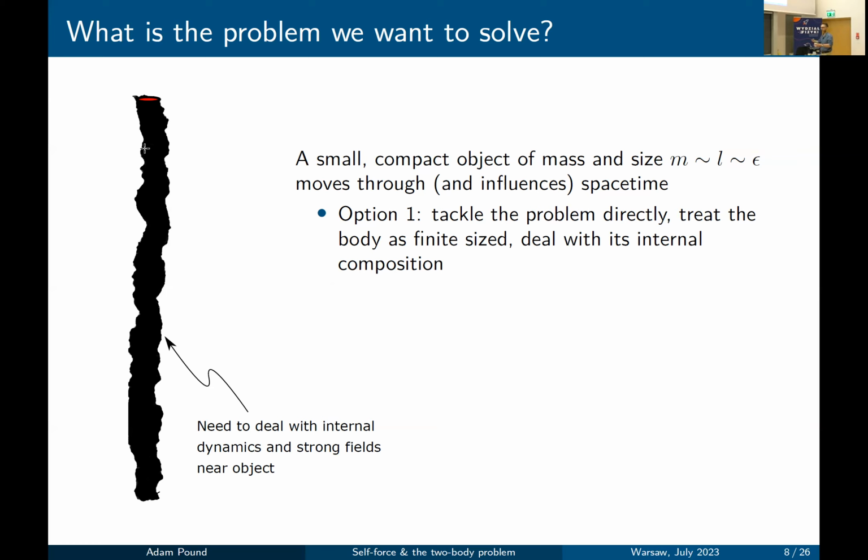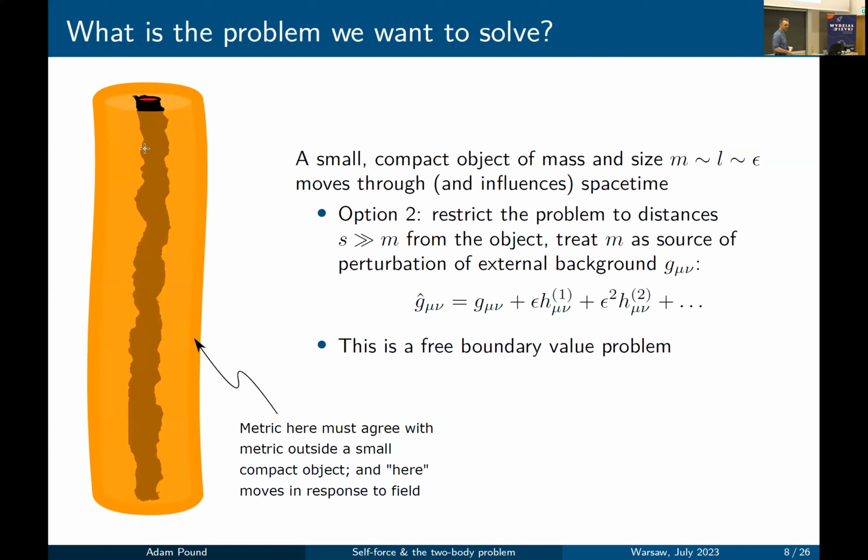You'll get a totally different problem for a material body than you would for a black hole. You get steep gradients in the metric near the small body. So it's very complicated. And this is effectively what numerical relativity would have to do if they're just directly solving the fully nonlinear Einstein equations with a small body in the space-time. So that's not what we're going to do.